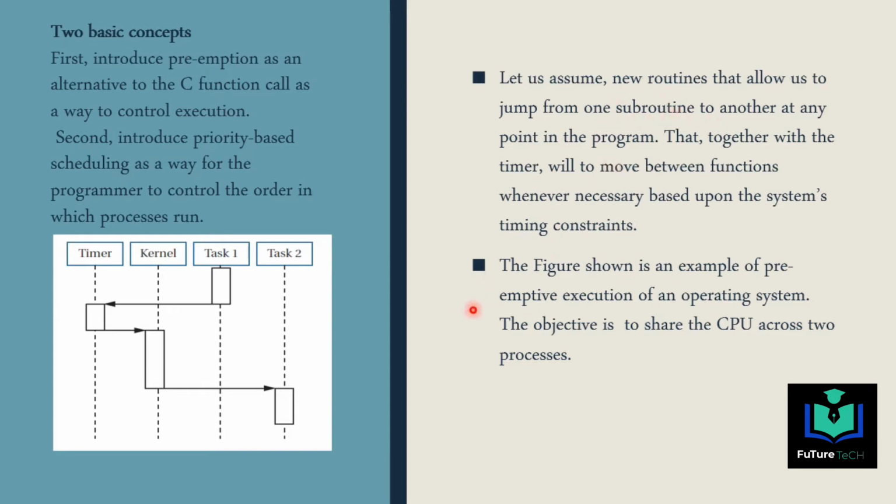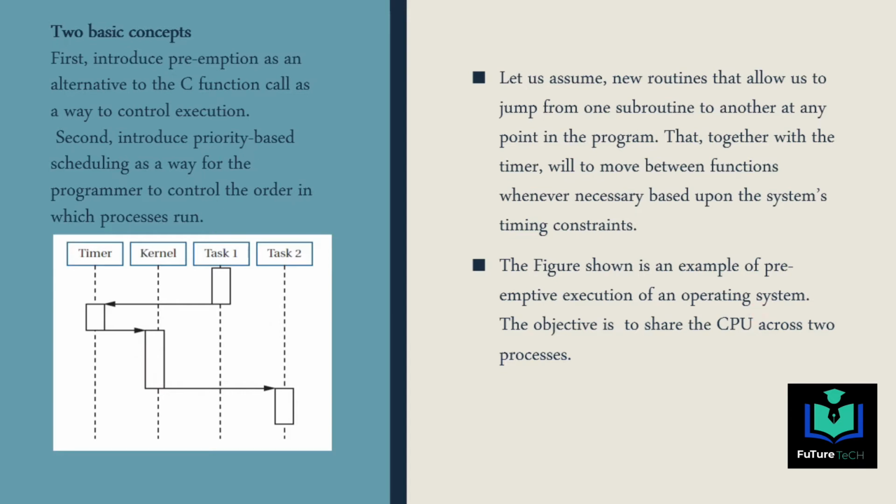Now you see the figure shown is an example of preemptive execution of an operating system. The objective is to share the CPU across two processes. So we are going to use two processes, but they are going to use the same CPU.